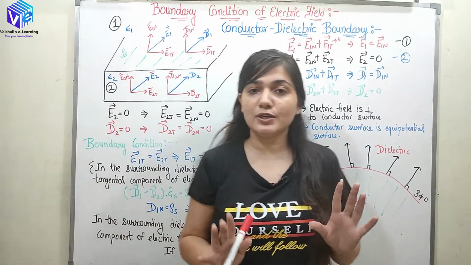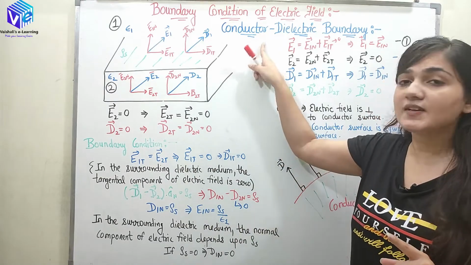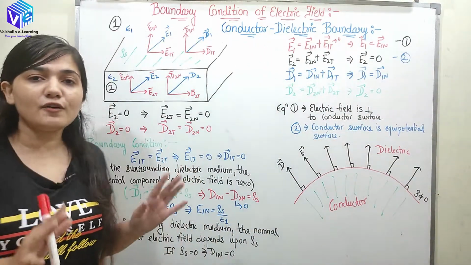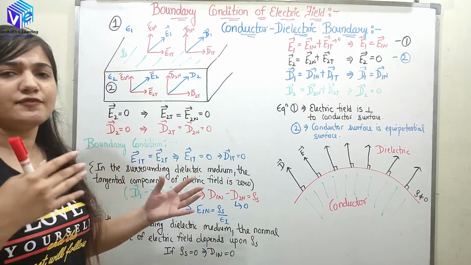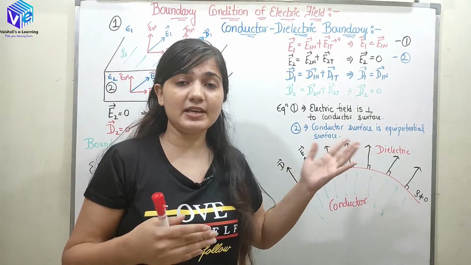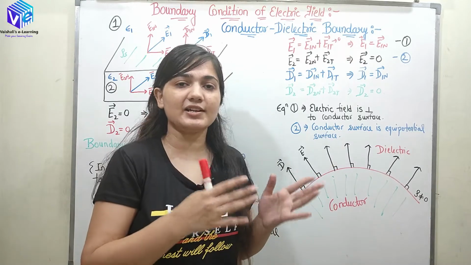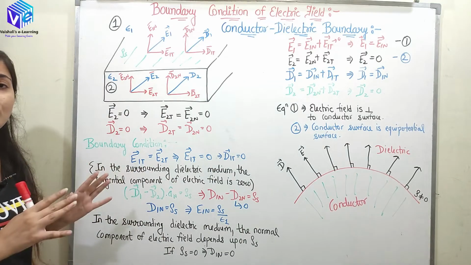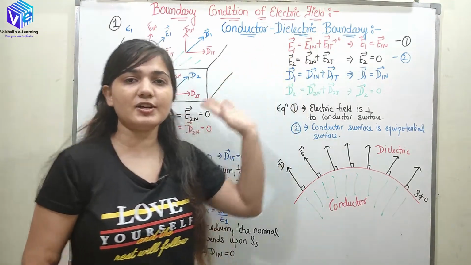Now today in this video we are going to talk about the second type of boundary condition, which is the conductor dielectric boundary. We are going to see in detail the tangential electric field intensity, the tangential electric field density, the normal electric field intensity, and the normal electric field density.